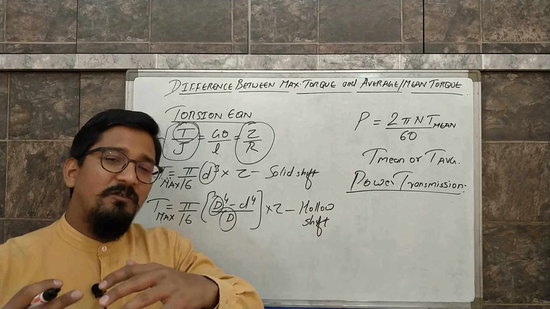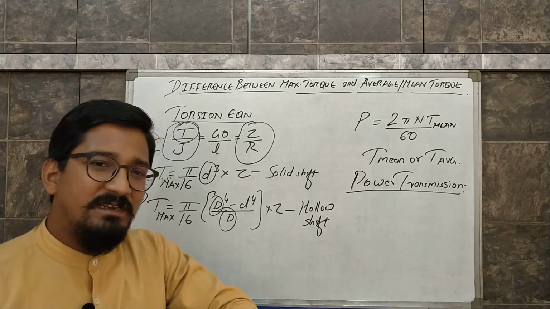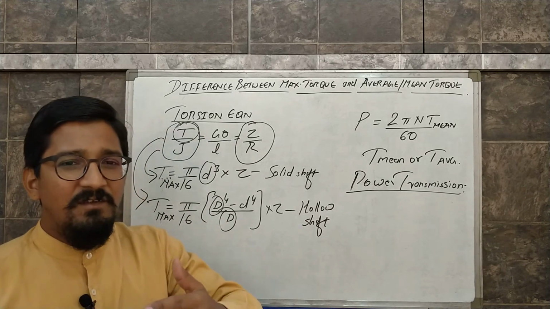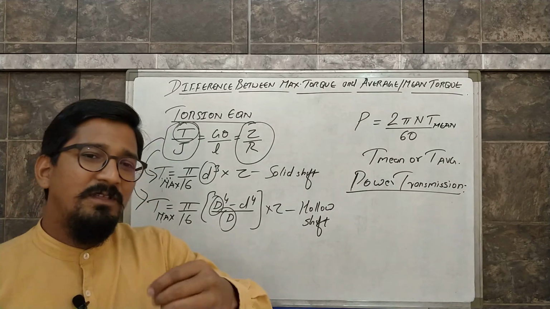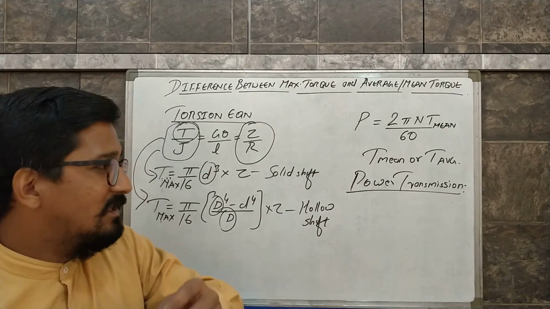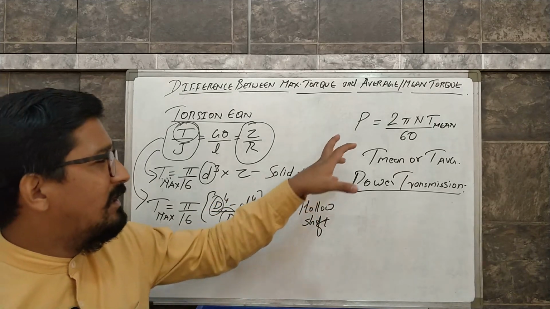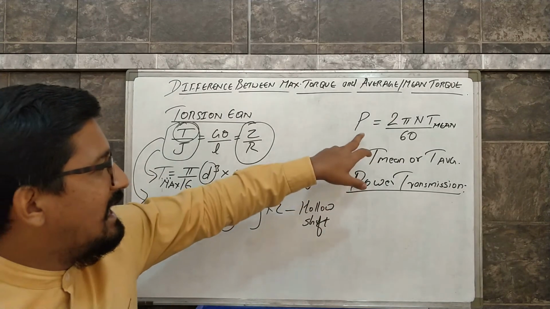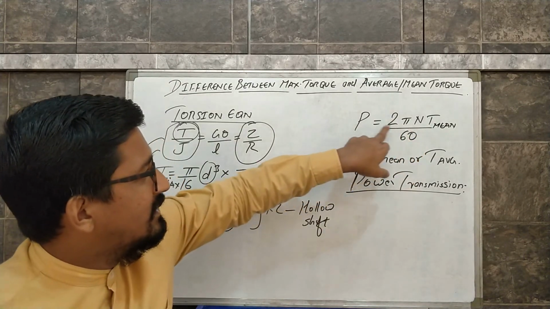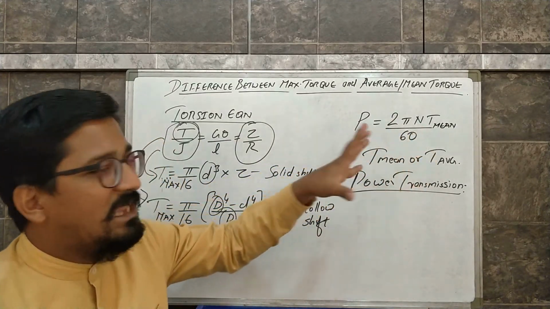Because of various factors like fluctuation of electricity, friction, etc., it will rotate at 1499, 1498, 1499.99. I mean to say that due to power the torque will be fluctuating. So that's why in this case we take the torque as the T mean or T average.